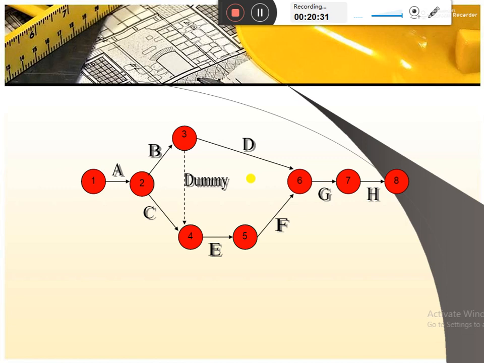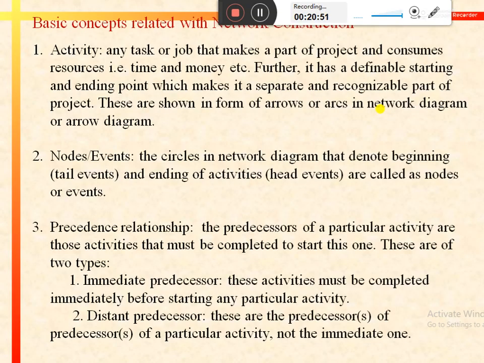We should identify which activity is the immediate predecessor and which one is the distant predecessor, because only with that clarity can we draw a network of the activities. So these are some basic concepts that we should keep in mind while drawing a network for a project.